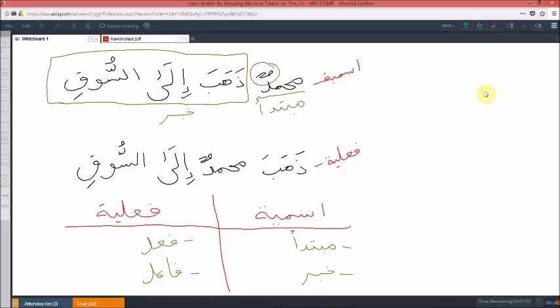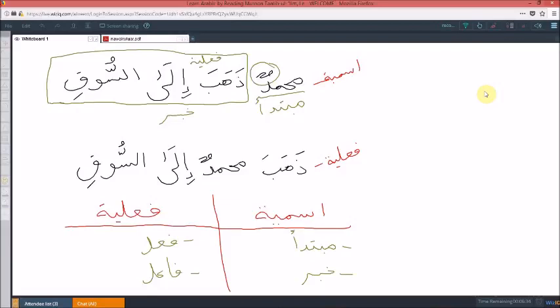Now, inside of this khabar is a jumla fi'liya. Right? ذهب إلى السوق. He went to the suq. This is a whole other breakdown. But right now, a jumla ismiya, we said, has a mubtada and a khabar. The mubtada is Muhammad. The khabar is ذهب إلى السوق.